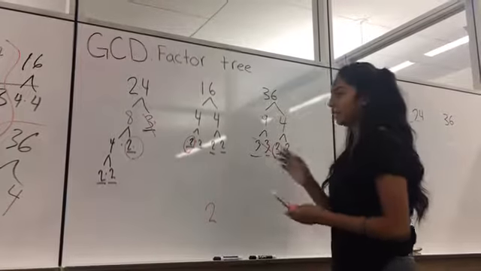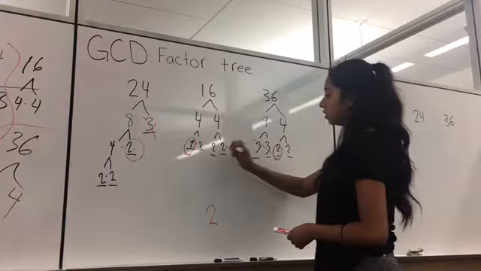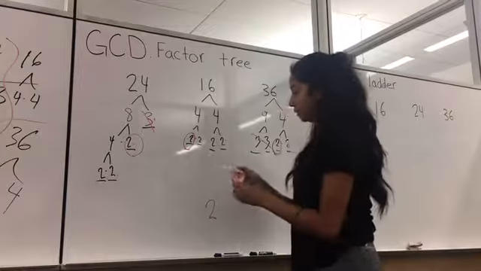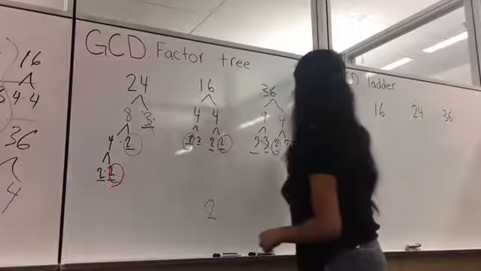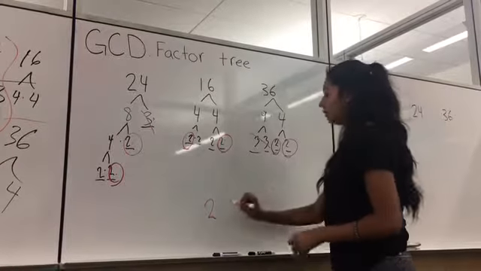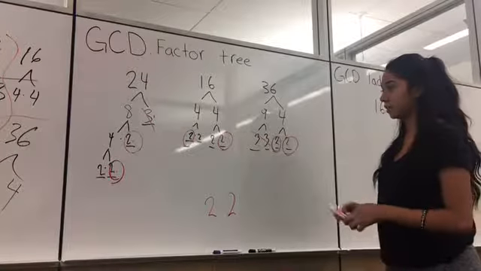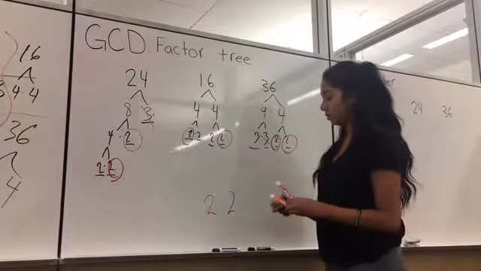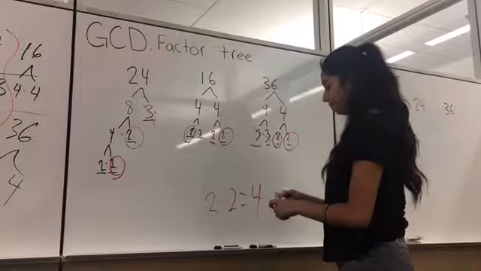And we're going to multiply that if there's any other number. So we're going to check, there's a 2 here, there's a 2 here, and there's a 2 here. So we can circle those, 2 and 2. And we can check to see if there's another one, but since there are no more left over in this one, there's going to be nothing else. So our final answer is going to be 4.